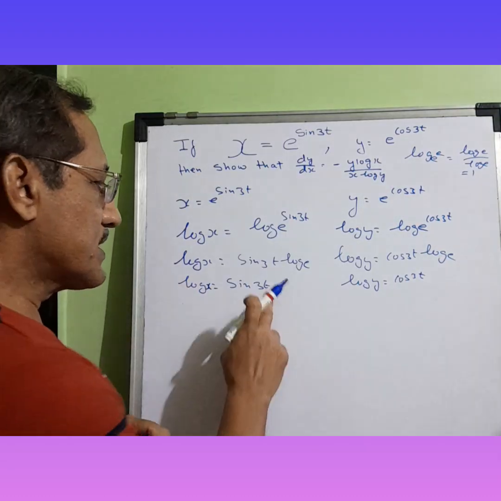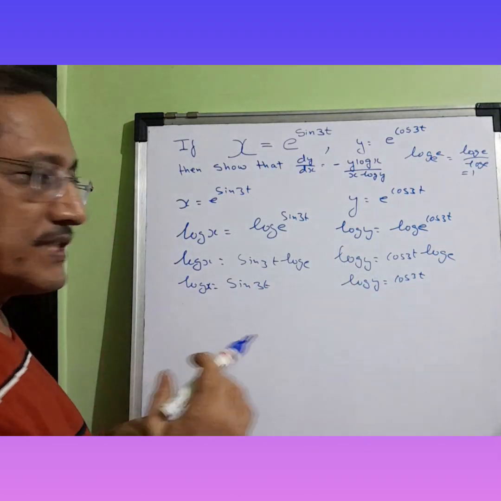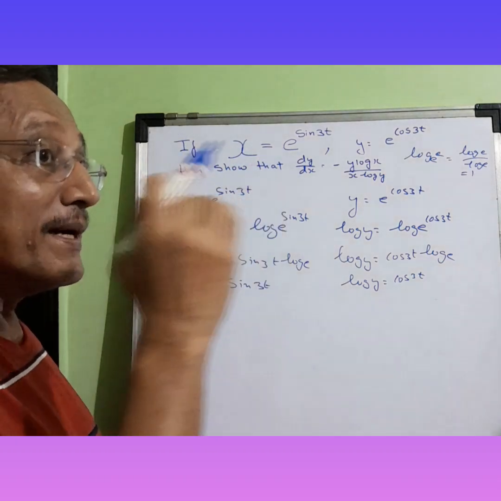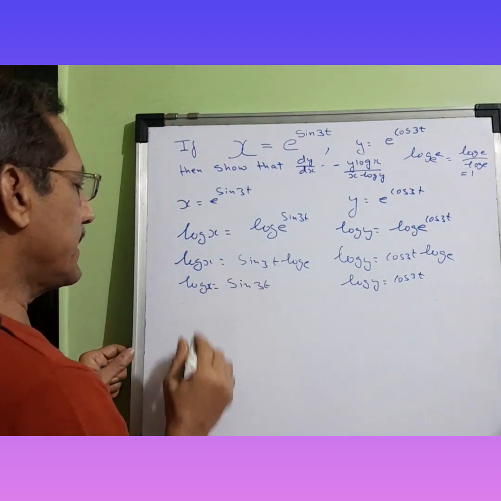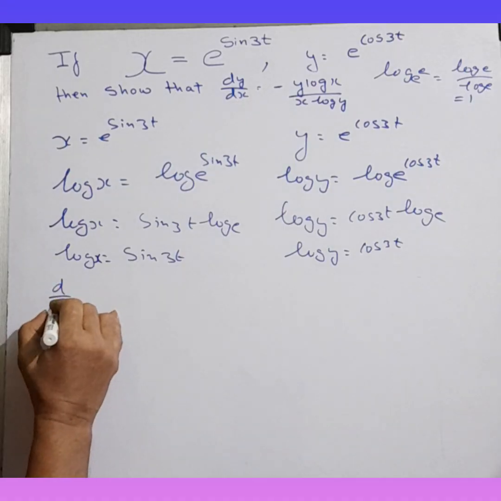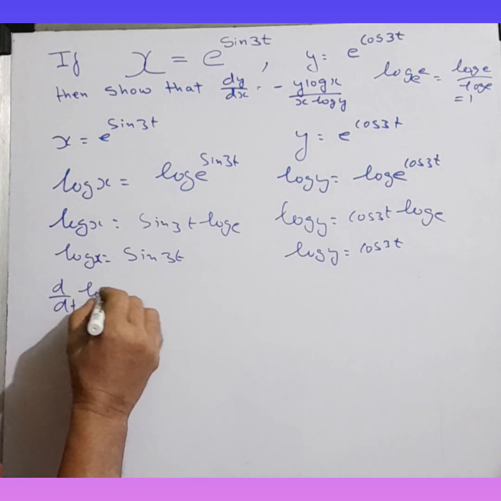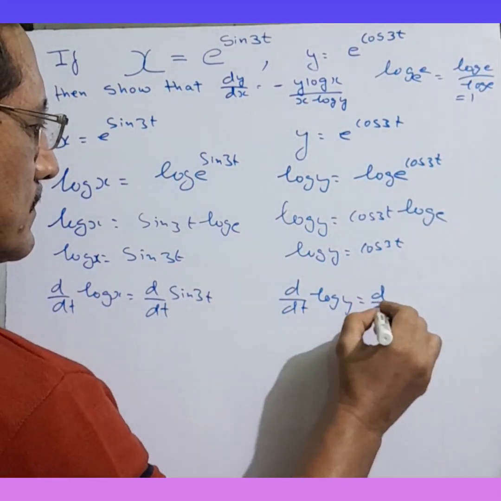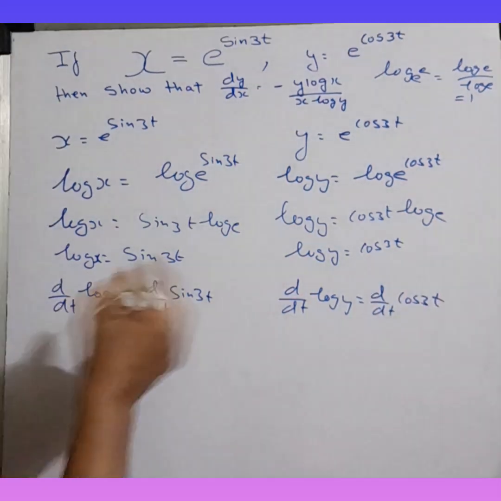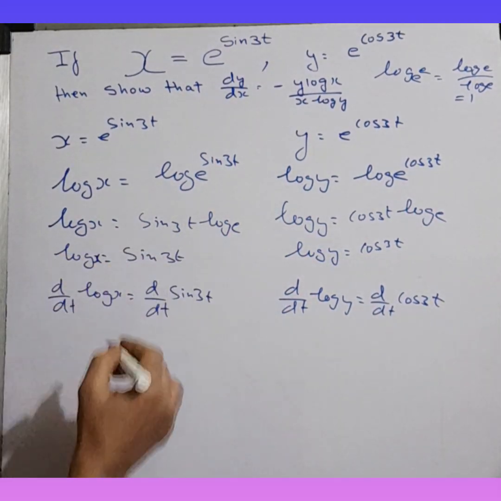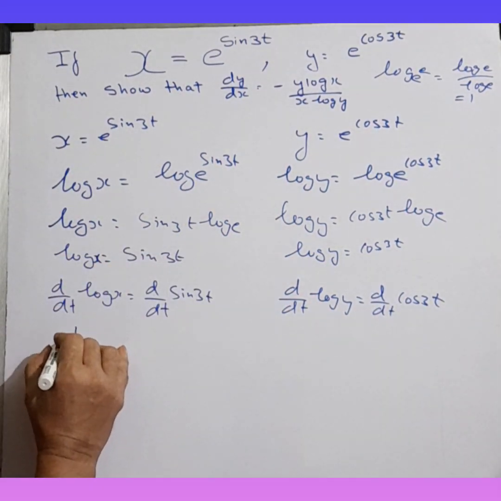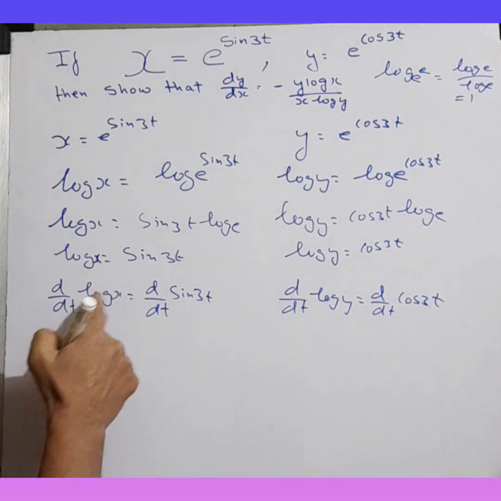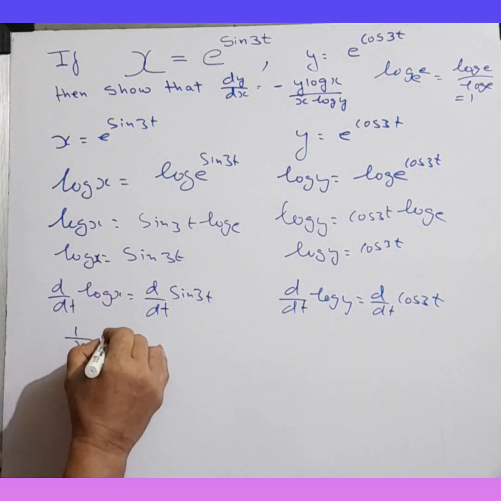So guys, we see here we have t, so it's a parametric function, so we have got to differentiate by d by dt. So d by dt of log x. Same rule for differentiation. Now since it is implicit, dx by dt, chain rule.